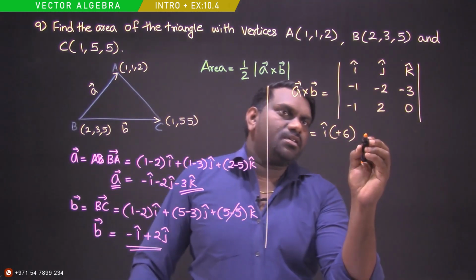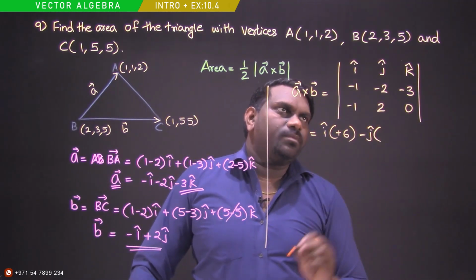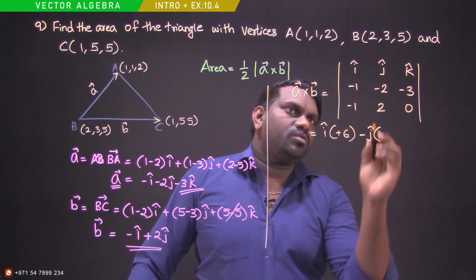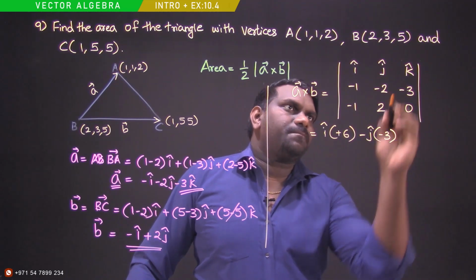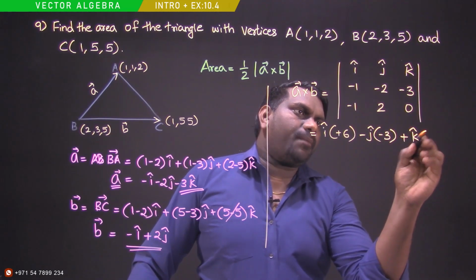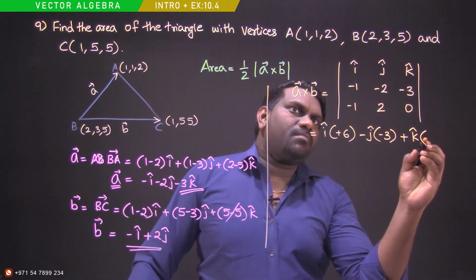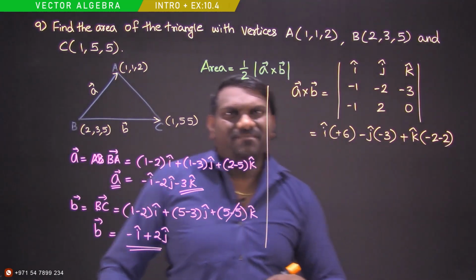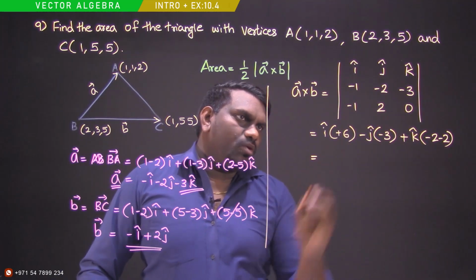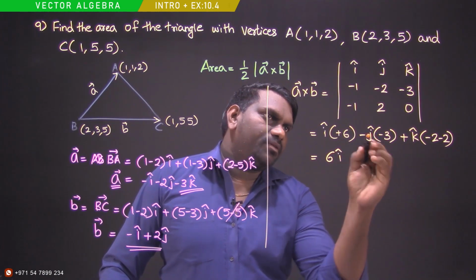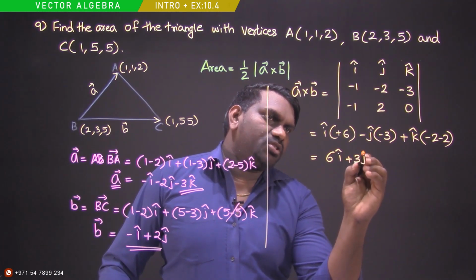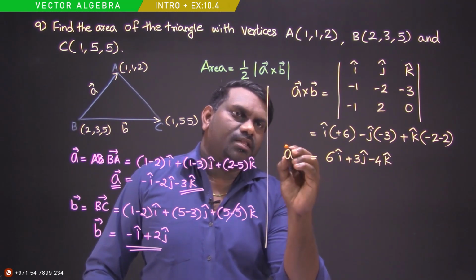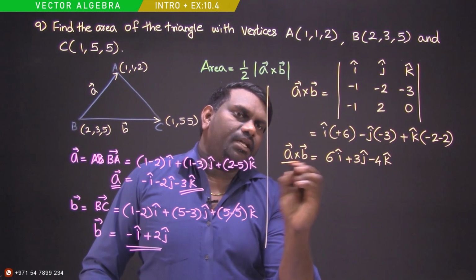Then minus J into 0, then these two 3, that is in fact minus 3, plus K cap into these two, this is minus 2, so again plus 2 minus 2, so it is minus 2, dear. That is equal to 6 I cap plus 3 J cap minus 4 K cap. What is this one? This is nothing but A cross B, dear, A cross B.